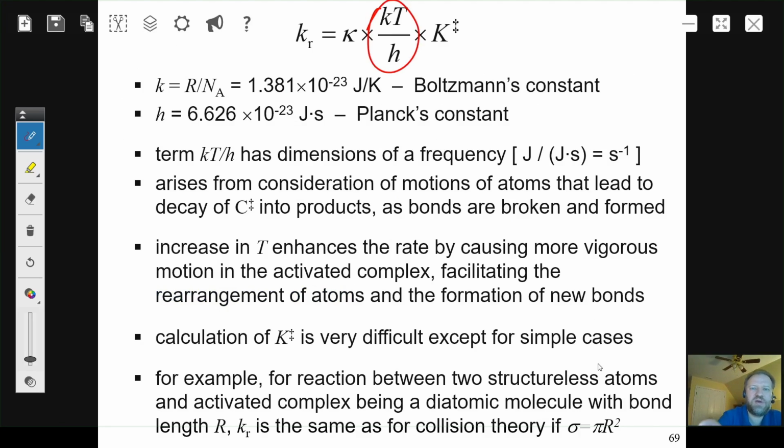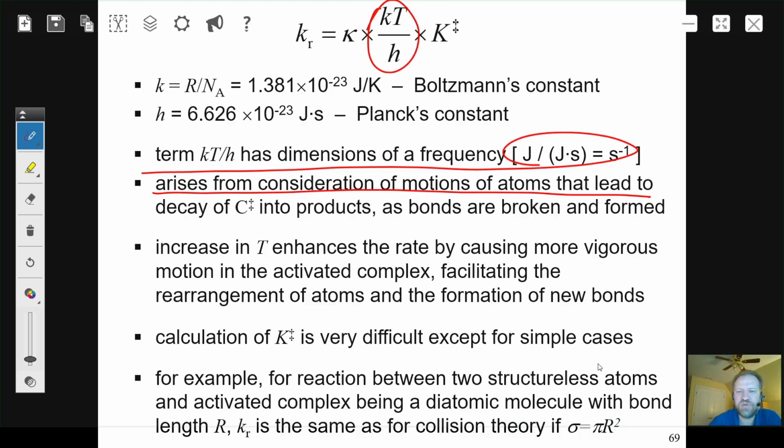The term here, kT over h, actually has dimensions of frequency, and it arises from consideration of motions of atoms that lead to decay of the activated complex into products as bonds are broken and formed. And remember, we can multiply that by the transmission coefficient kappa if not all such motions are successful in forming products.